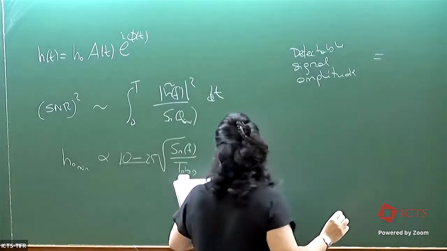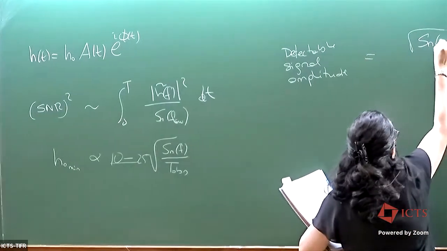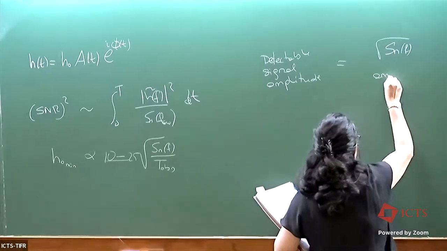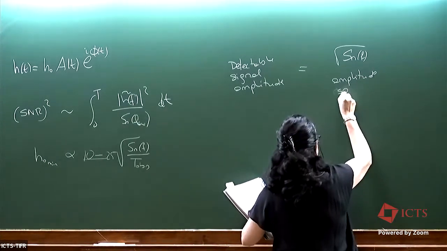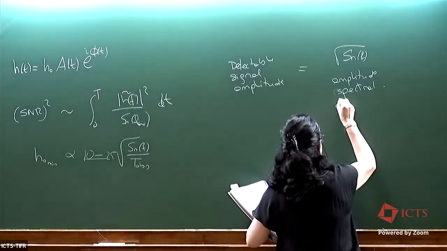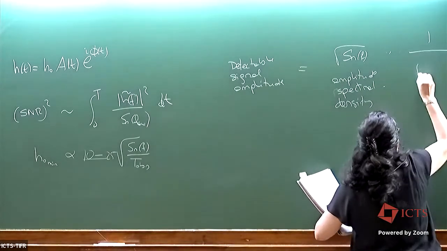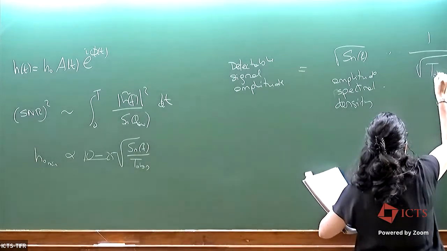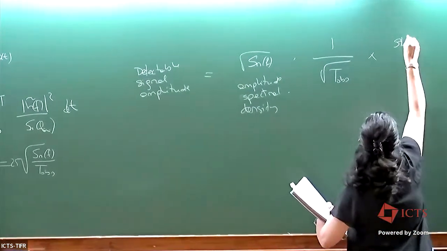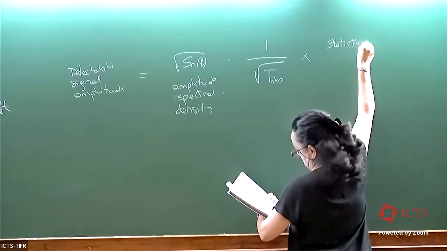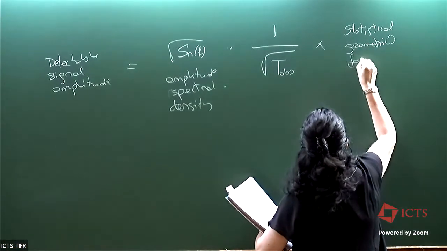That more or less we can write like scalings of Sn of f, that is the amplitude spectral density, times 1 over the square root of the observing time times some statistical or geometrical factor.